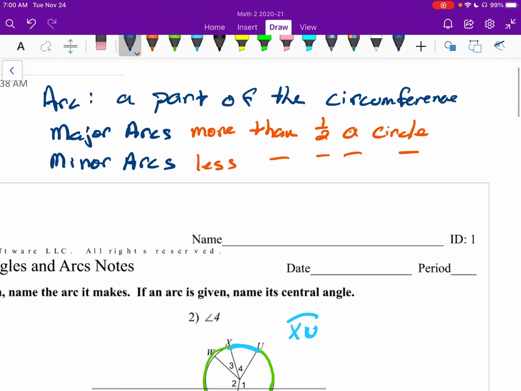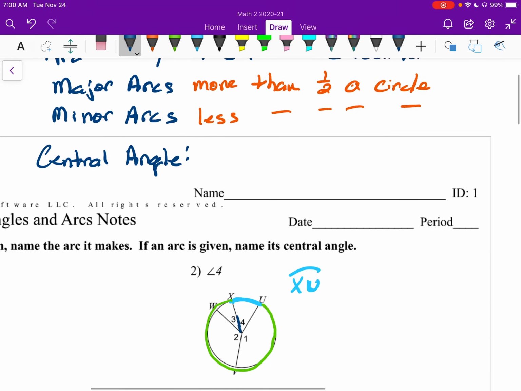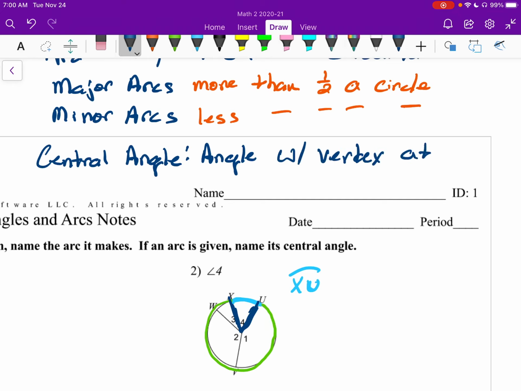So there's that. Next up, we're going to talk about central angle. A central angle is an angle with vertex at center of circle.